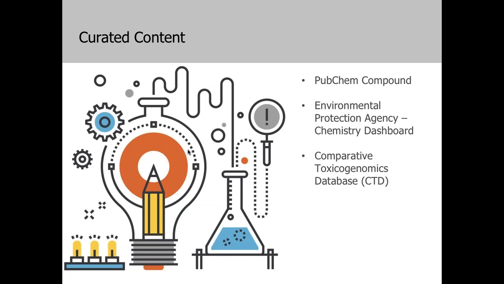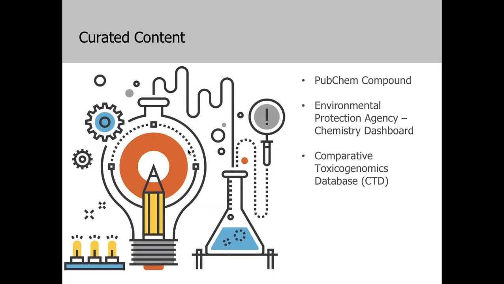The same thing would apply to the EPA's chemistry dashboard. That's the dashboard coming out of Research Triangle Park, and it's an aggregation. They're doing a really good job of aggregating EPA databases and then adding some external content. They have something around 700,000 unique chemicals in their system, but we're linking to the 370,000 that we have in ours.